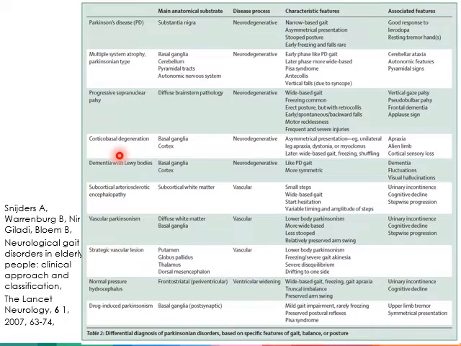Likewise, for cortical basal degeneration, there might be unilateral presentation, unilateral leg apraxia, there might be myoclonus, and there's also wide base freezing and shuffling as well. And these usually do not respond as well to levodopa medications, and early disability will set in.